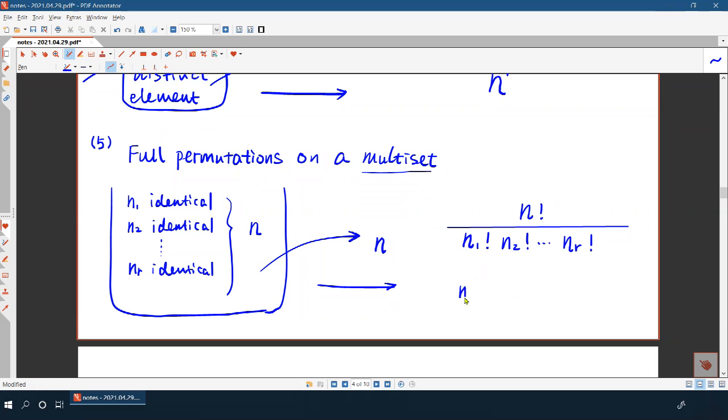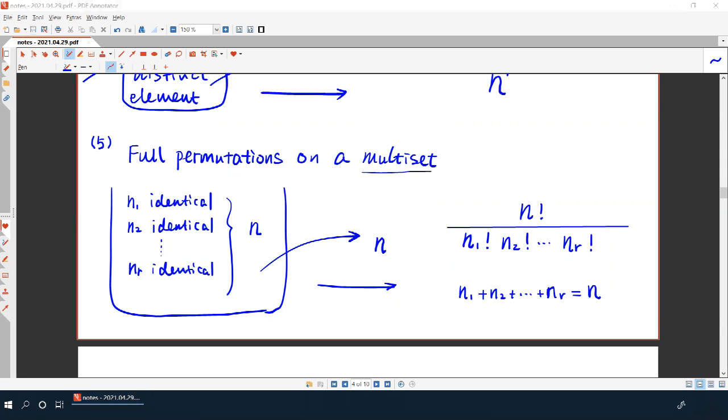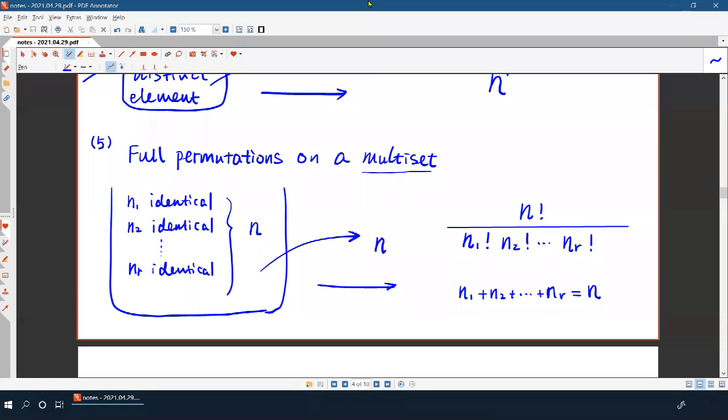Note here that the sum of n1, n2 until nr is n. Any questions? No? All right, let's see the next model.